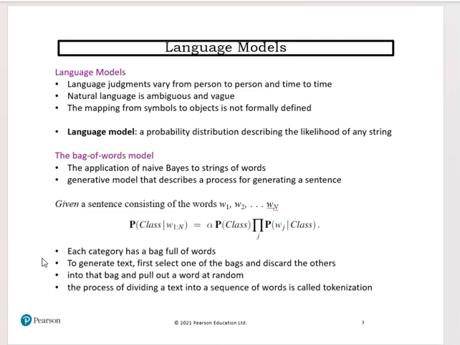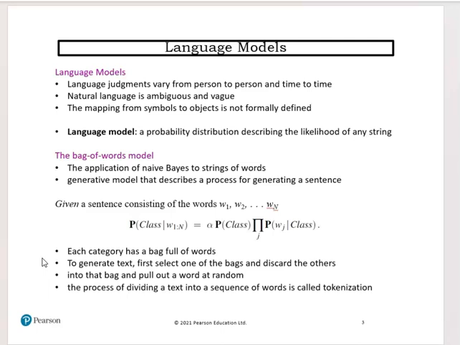For example, there are some judgments that vary from person to person and from time to time when we use the language. Everyone agrees that "not to be invited is sad" is a grammatical sentence of English, but people disagree on whether "to not be invited is sad" would be correct English or not.